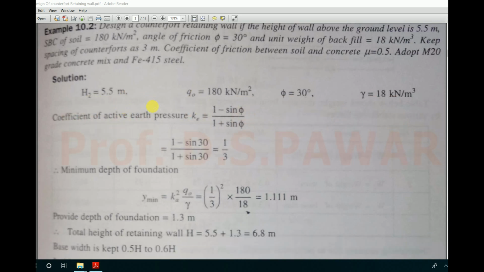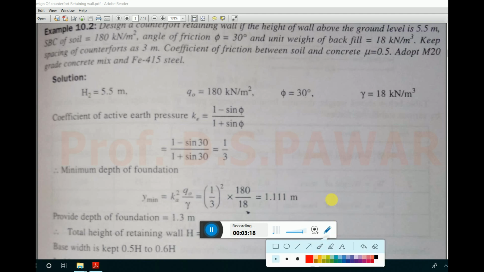In this given data, first is the height H2, which we have already seen.